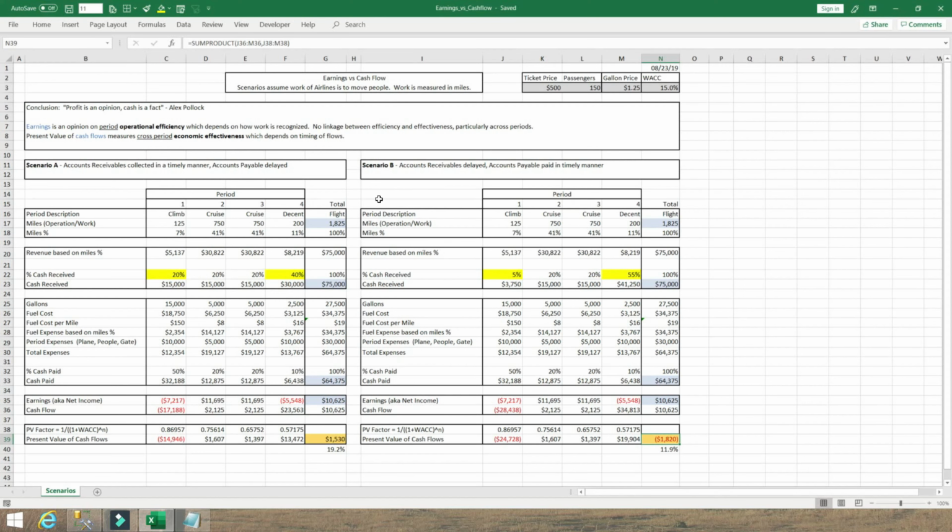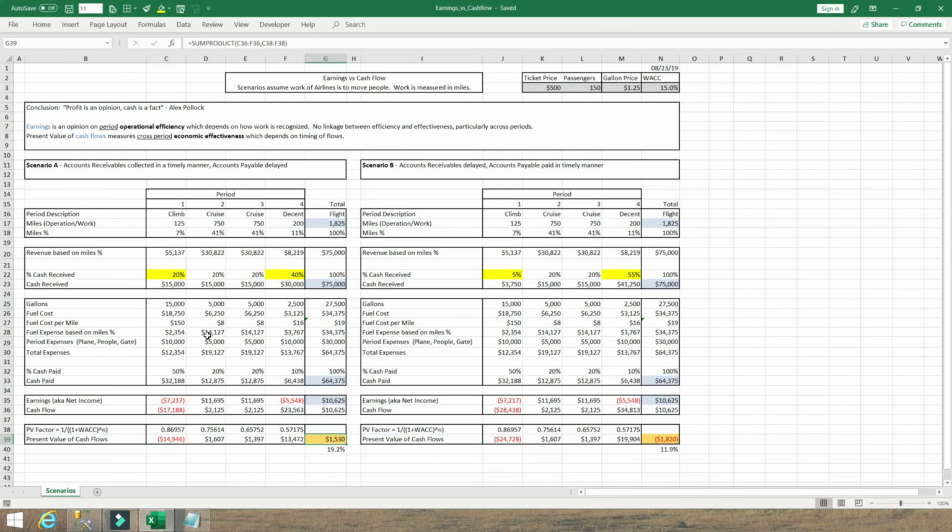So in this scenario B, you're actually destroying value, and therefore the project or the flight should not have even been taken on. Whereas in scenario A, you are adding value, and therefore the flight should be taken on.